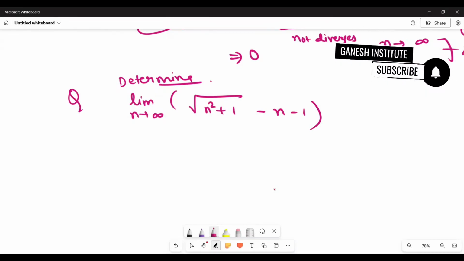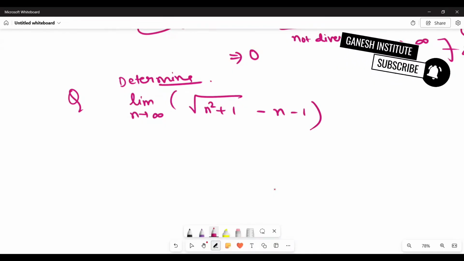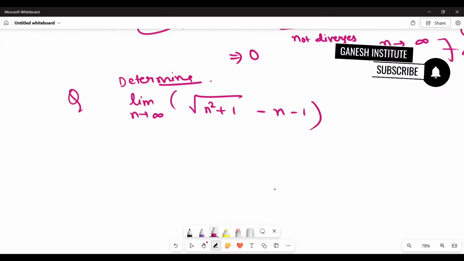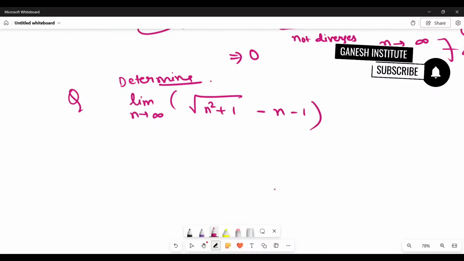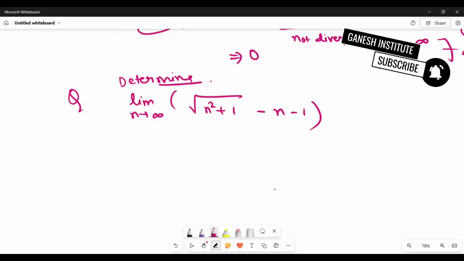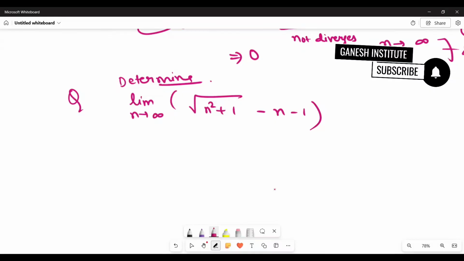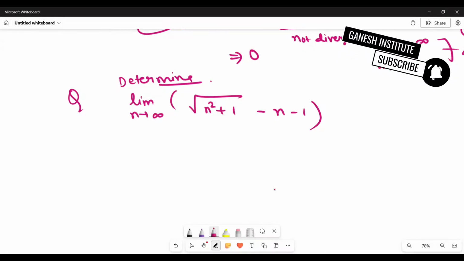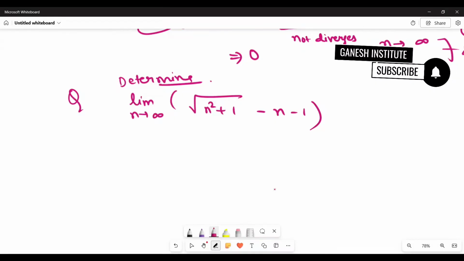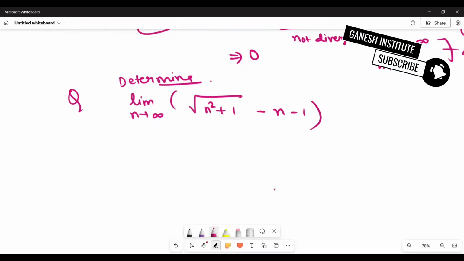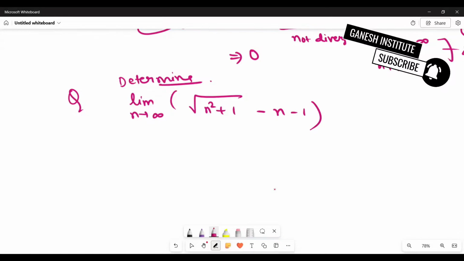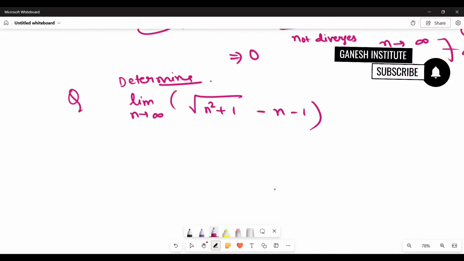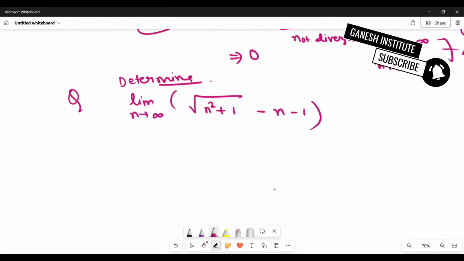Would you have to use the definition of a limit to solve? Basically, that would not help because I have this square root. I need to get rid of this first. Then I can think of any other thing. So let me try rationalizing it and see where I'm heading.